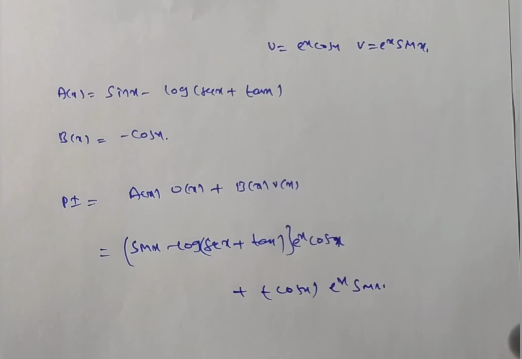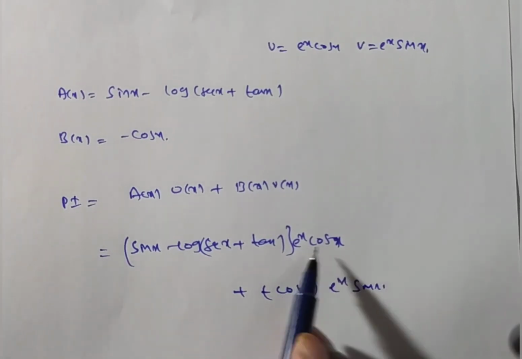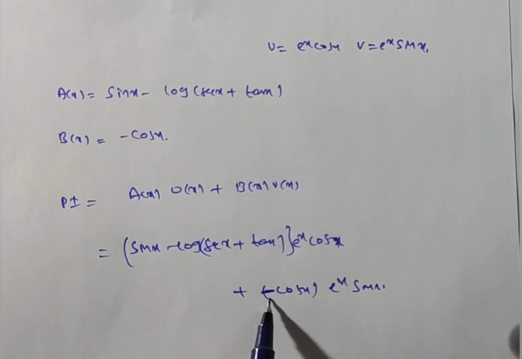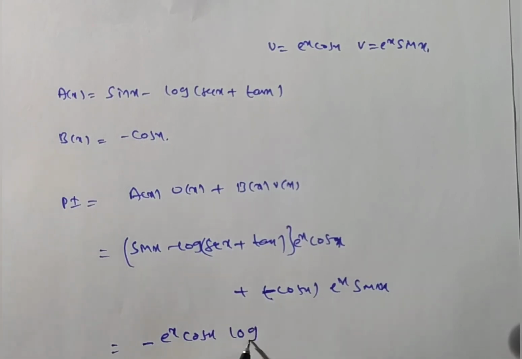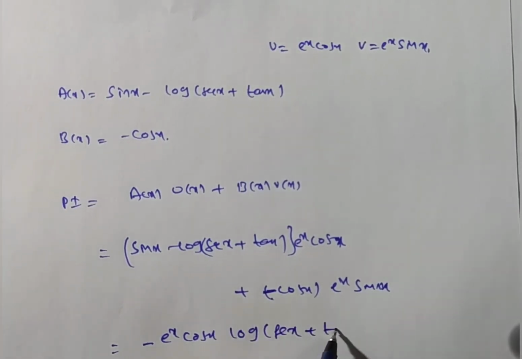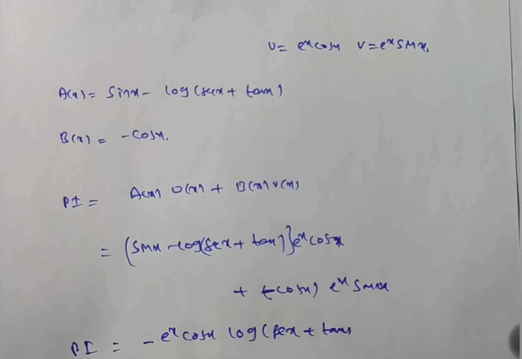So friends, you see here you have sin x into e power x cos x, and here you have minus cos x into e power x into sin x. So these two get cancelled. Then you will have minus e power x into cos x into log of secant x plus tan x. This is the particular integral.